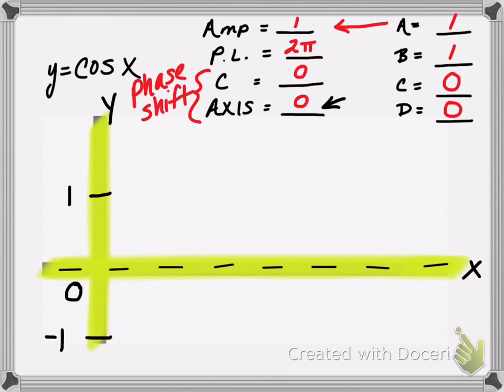And then the period length is C plus 2 pi, which is just 2 pi. And that's how I begin labeling my trigonometric function graphs. And then you take this 2 pi and cut it in half, and then take pi, cut it in half. 3 pi over 2 is halfway between pi and 2 pi.